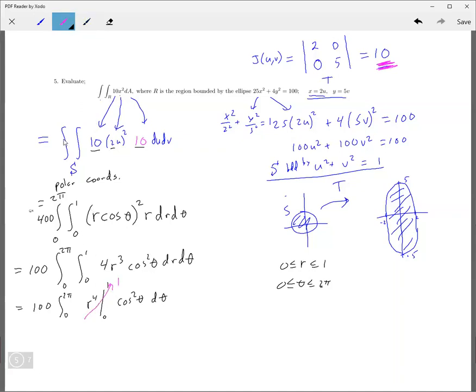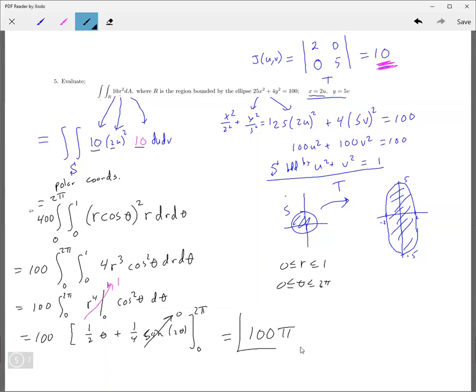That is just 1, so it just goes away. And this integral is 1/2 theta plus a 4th sine of 2 theta, and theta goes from 0 to 2 pi. So that goes away. And then this one's just going to be 100 pi.